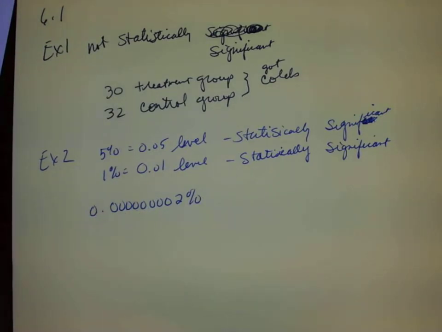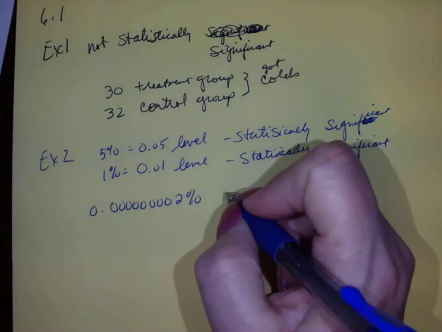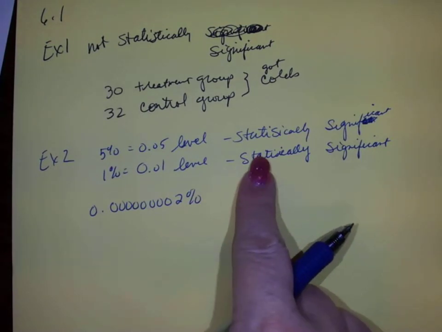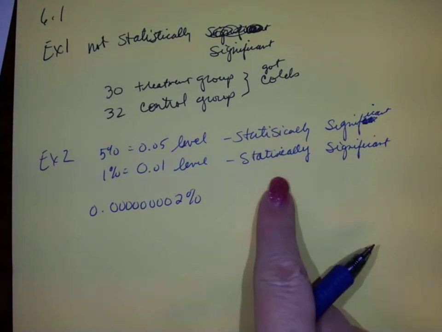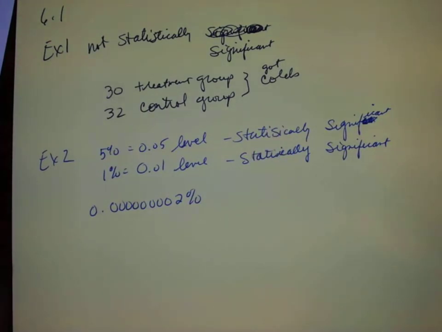So that's where it's going to be at both levels. So this is going to make it statistically significant at both levels. And because of that, they were like, this vaccine is working because of what they figured out.